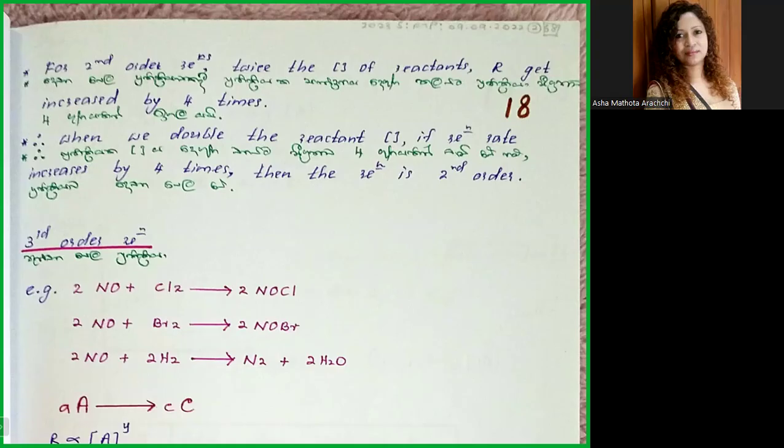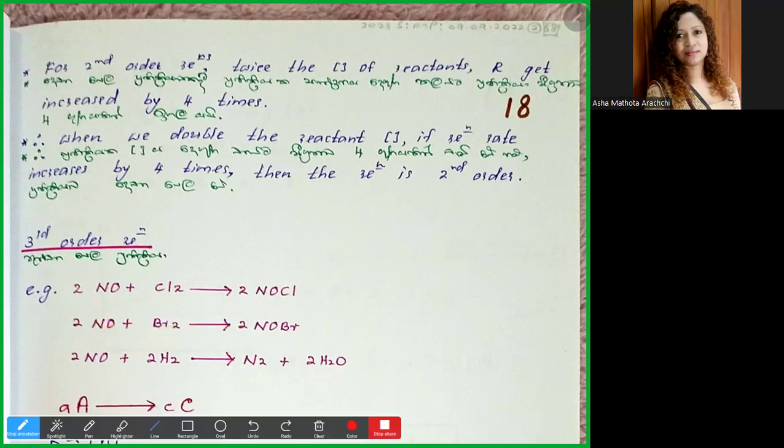Okay, let's write that. For second order reactions, twice the concentration of reactants, the rate increases by 4 times.